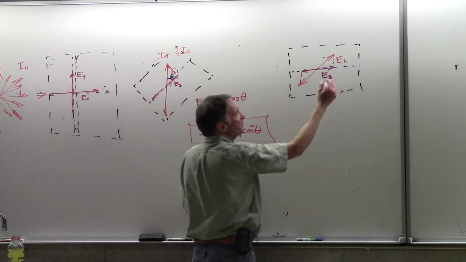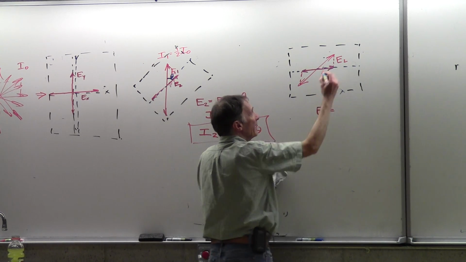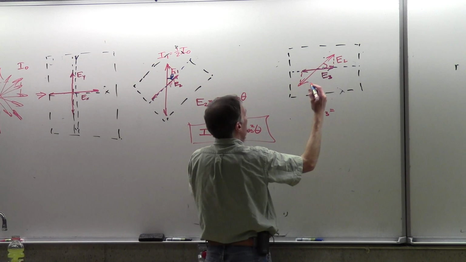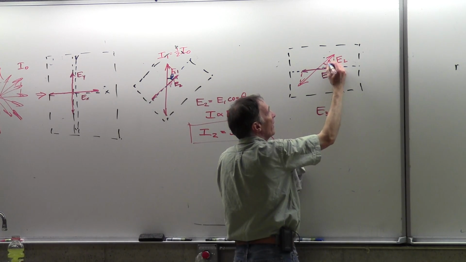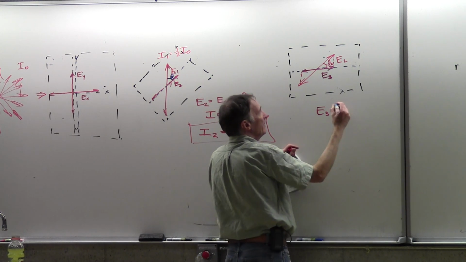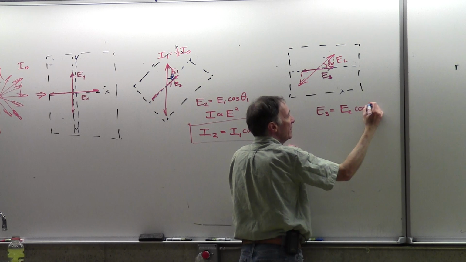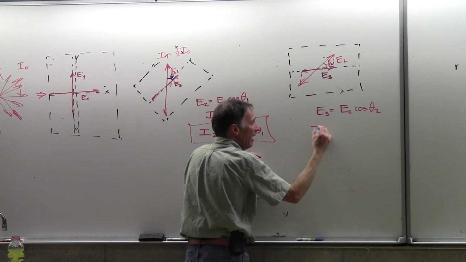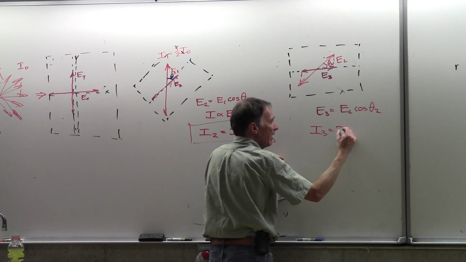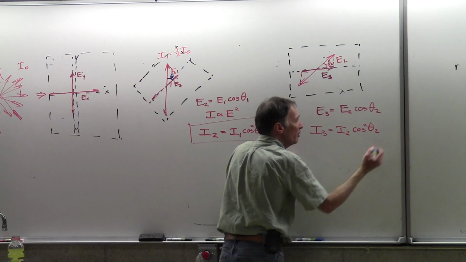And here for E3, we got another angle. I could have called this one theta 1, call this one theta 2, and then this is going to be E2 times the cosine of theta 2. To get the intensity, I3 is going to be equal to I2 times the cosine squared of theta 2.